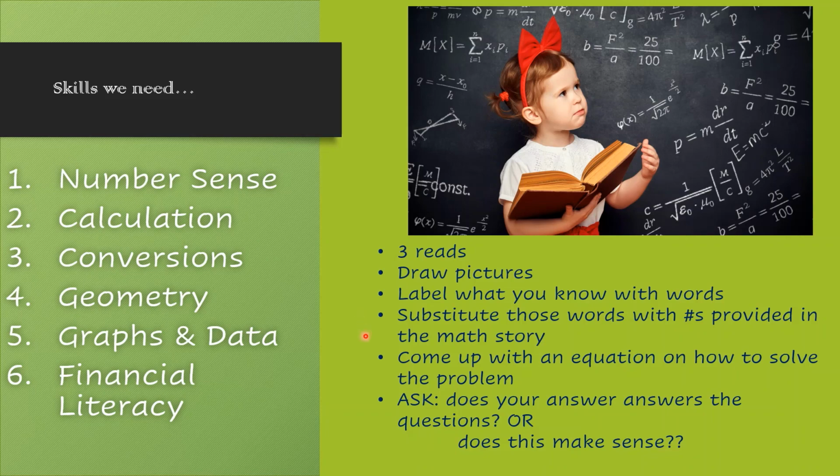Then you're going to come up with an equation on how to solve the problem, and then you're going to solve for it. Lastly, you're going to read the question itself just the 3rd time, just the question, not the whole entire problem, and ask yourself, does your answer actually answer this question? Or you can also ask yourself, does this answer make sense?